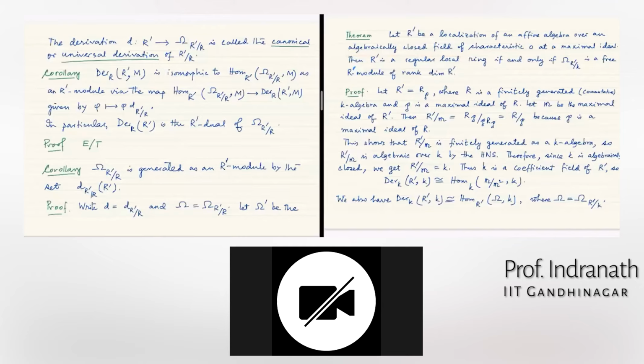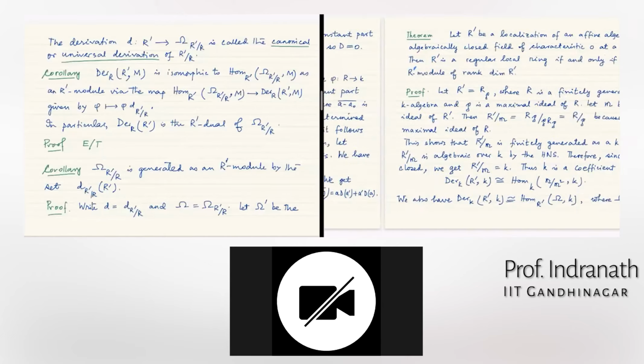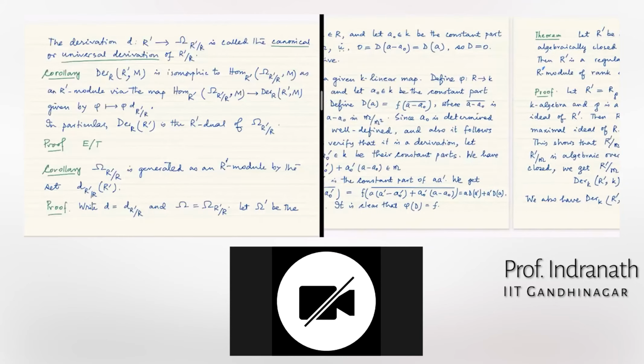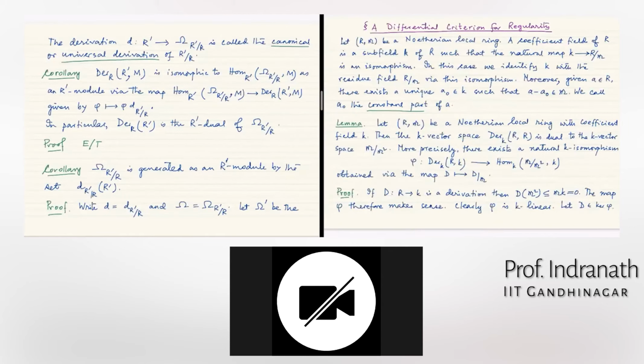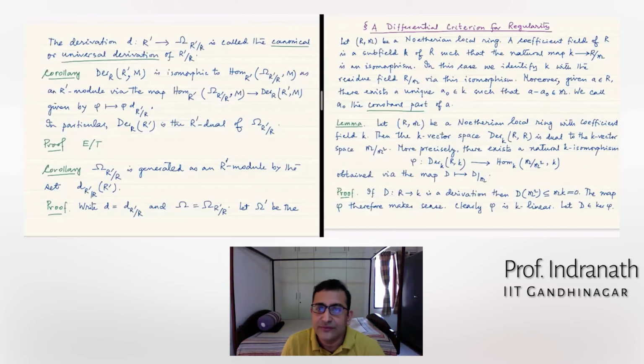Okay. So you can think that it is your residue field, but then you will see that this explicit observation will be useful eventually. Okay, good. So the first lemma: if you have a Noetherian local ring with the coefficient field k, then the k vector space Der_k(R, k) is dual to the k vector space M/M².